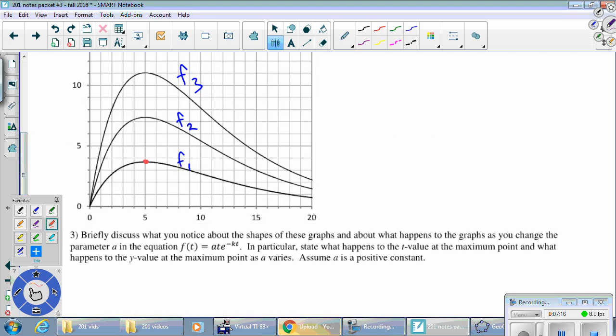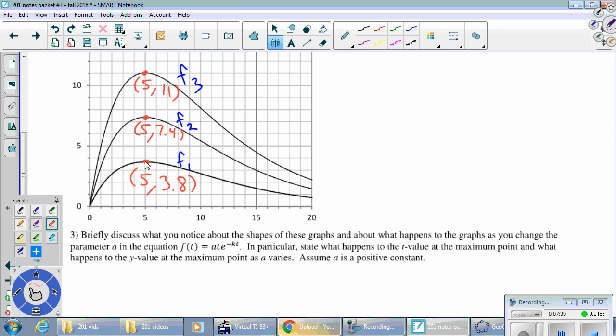So we got 1, looks like it's around there, and 2, and 3, and we'll go ahead and label coordinates. So this looks like it's 5 and like 3.8, something like that. And this one up here maybe is 5 and then about 7.4. And then up here is 5 and then it looks like it's around 11.